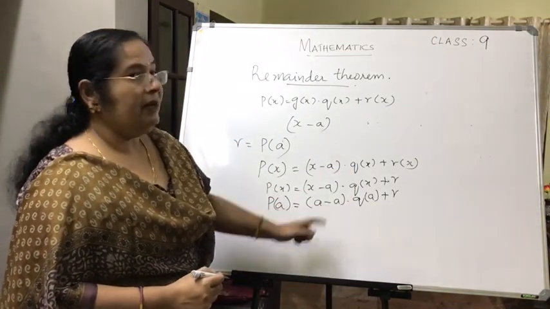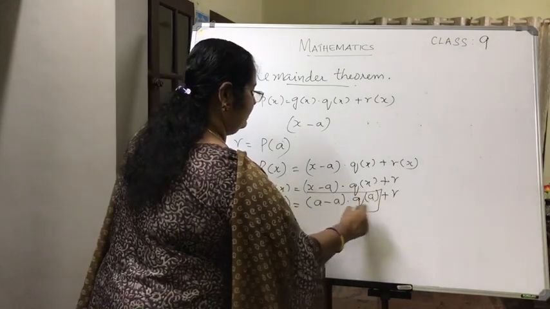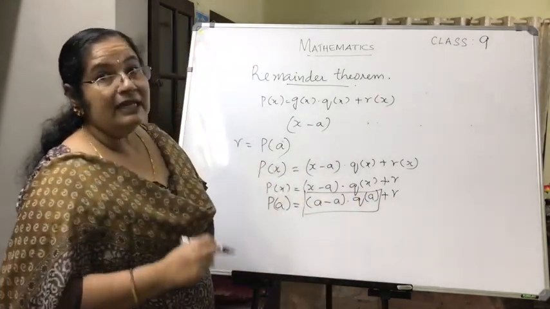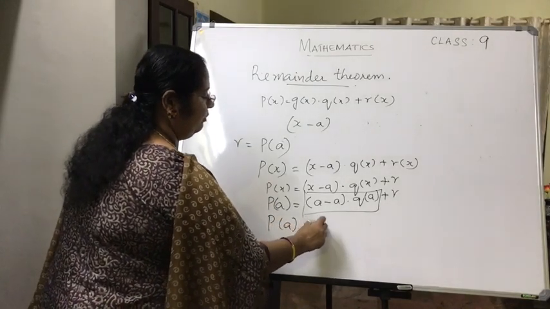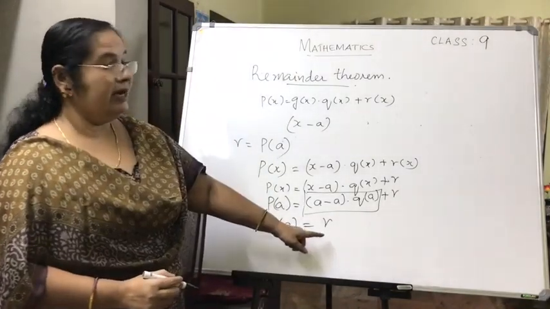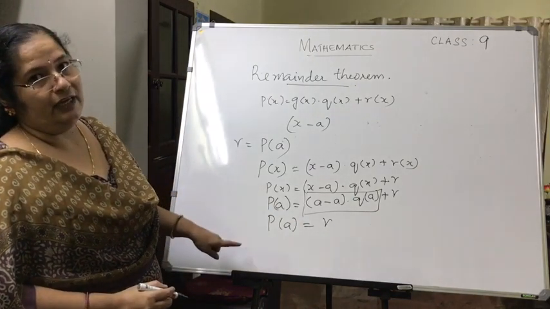What is a minus a? 0. So 0 into q of a, the whole term becomes 0. So what remains? P of a is equal to r. Now r here is the remainder. So the remainder is P of a.